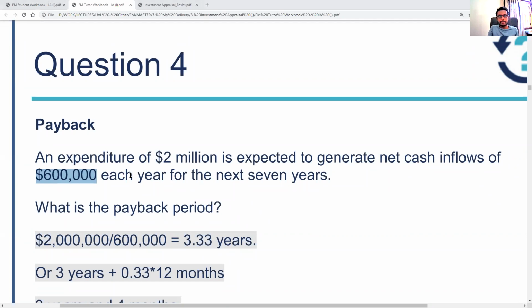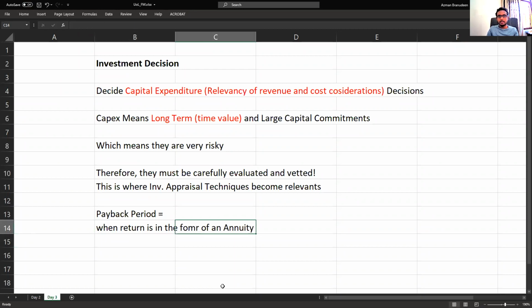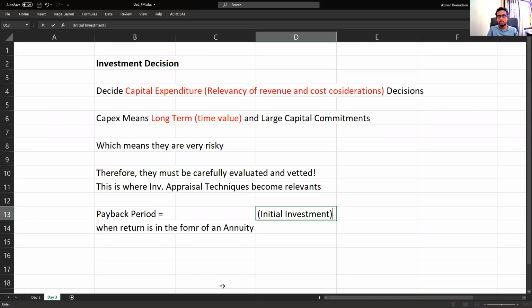Payback period, when the return is in the form of an annuity, is equal to initial investment divided by equal annual return.